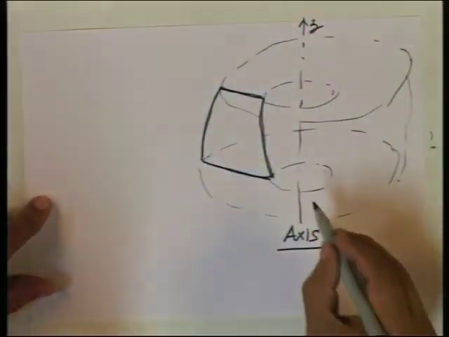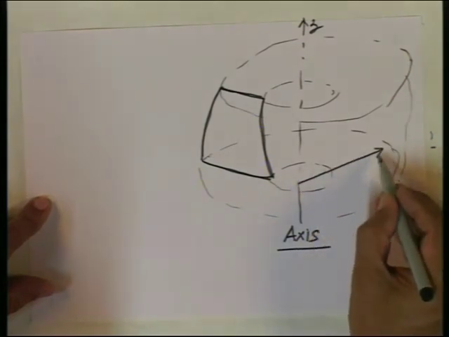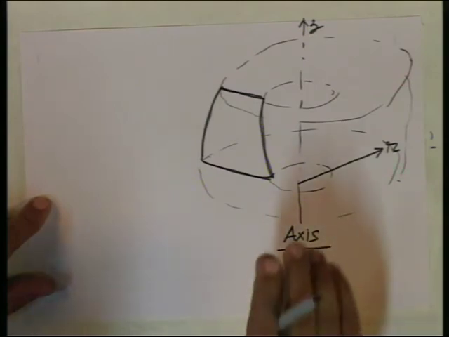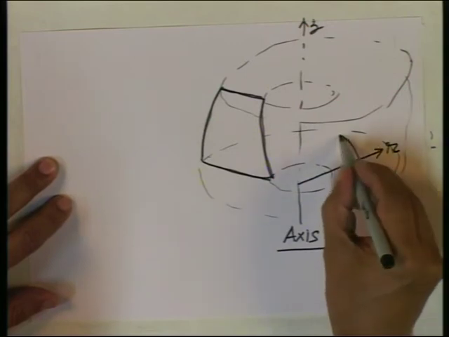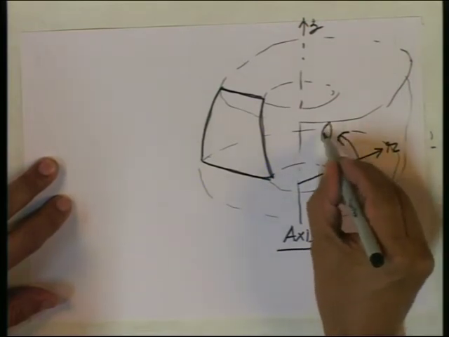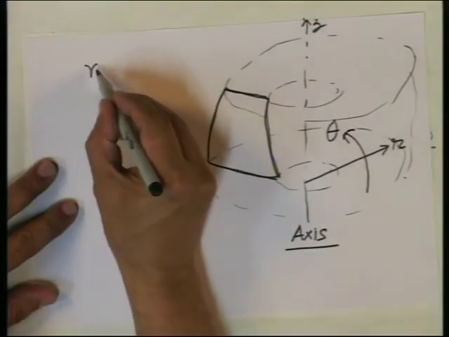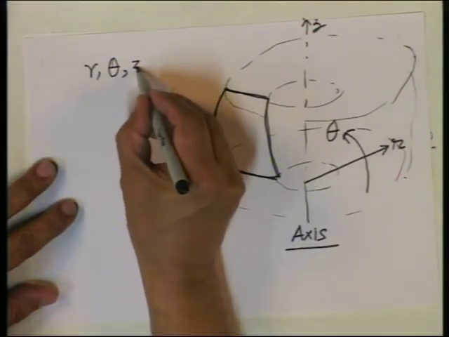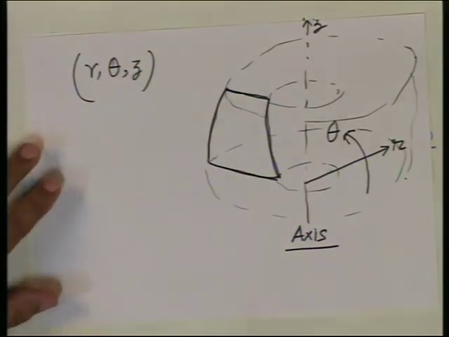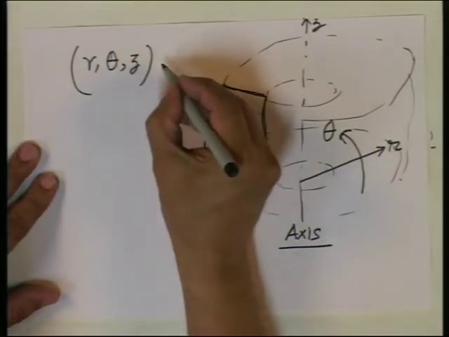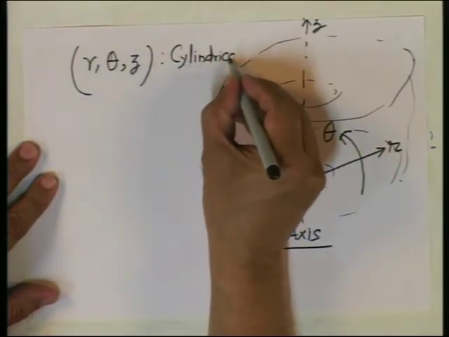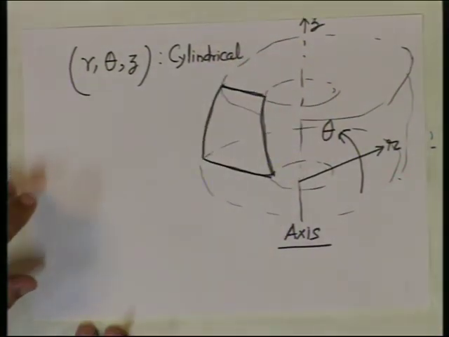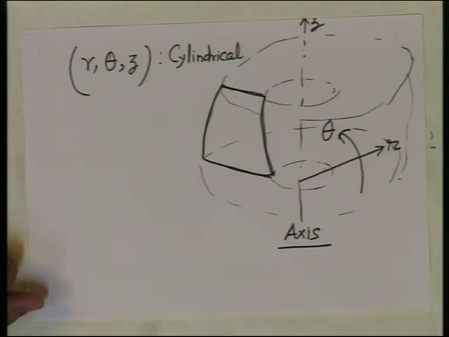So if this is z and this is r, and this rotation angle is theta, then r, theta, z is your coordinate axis, which is called the cylindrical coordinate system. You can express the location of any point in r, theta, z.